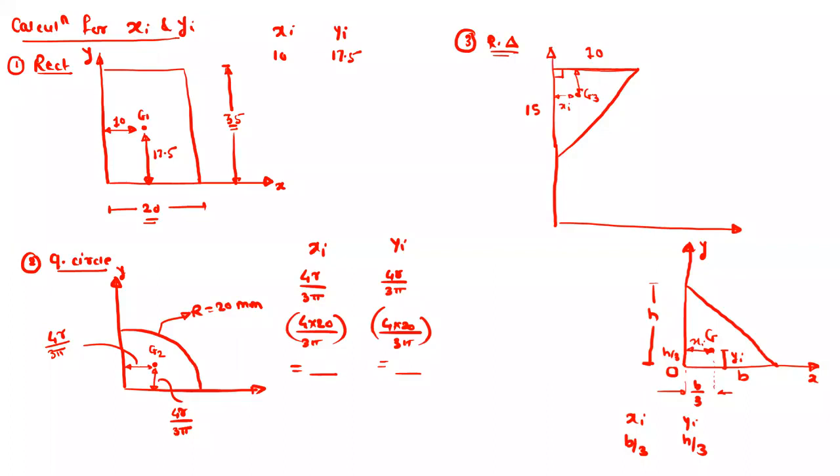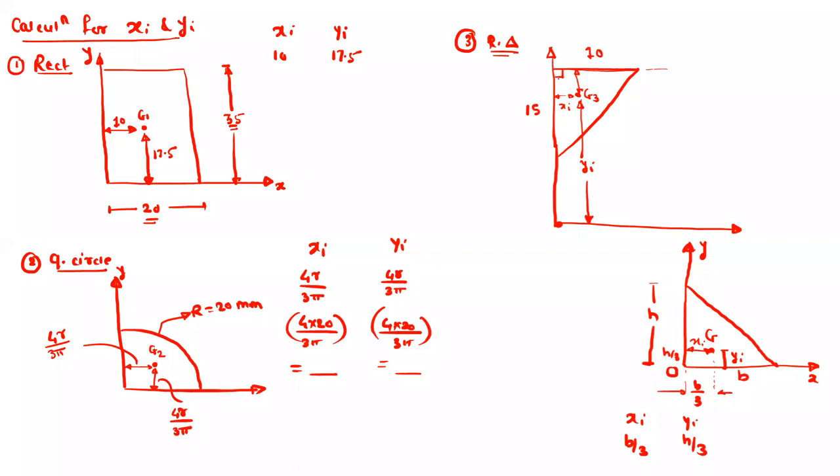But we want the center of gravity with respect to the origin. So to locate the y coordinate, we have to measure this distance. This is the yi with respect to the x axis. This is not the x axis, this is just a base of that right angle triangle.